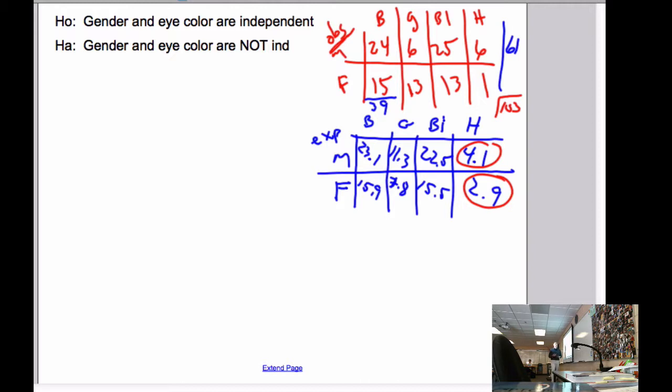This data right here is our observed. I just copied it off the table on the sideboard, right? We had 24 males with brown eyes, 6 with green eyes, 25 with blue eyes, and 6 with hazel. For females, we observed brown 15, green 13, blue 13, and hazel 1.